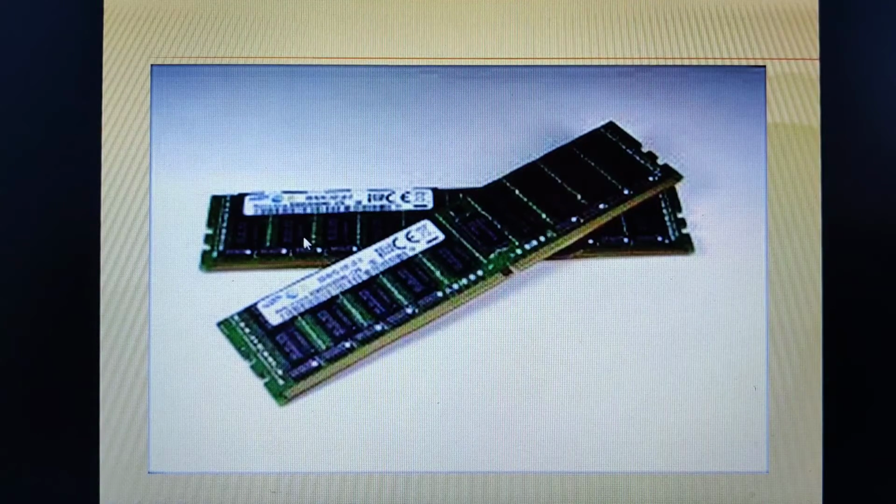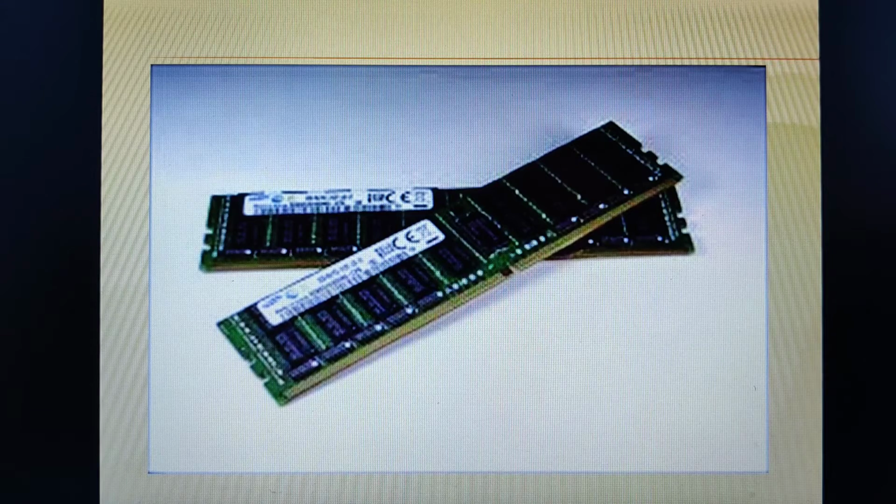Therefore, random access memory is a volatile form of memory. I hope you are able to understand. Whereas ROM was a non-volatile memory wherein the contents were not erased even when there was no power supply. But here, if the power supply is not provided, then the RAM chip cannot hold its contents. So this is a volatile form of memory.